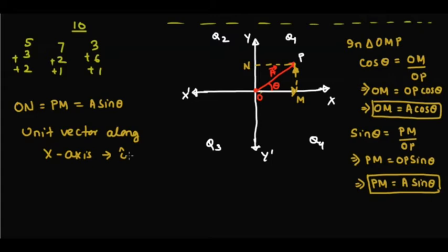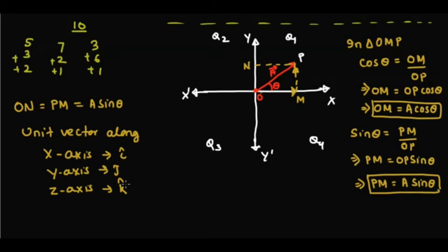If in the expression of a vector i cap is written, then be sure that the vector is directed along the positive x-axis. If we have written minus i cap, it means the vector is directed in the negative x-axis. Similarly, the unit vector along the y-axis is written as j cap and the unit vector along the z-axis is written as k cap.